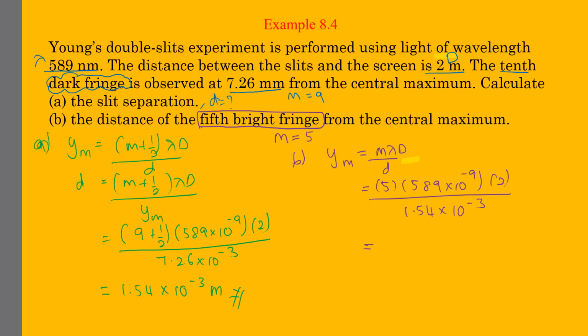So ym is equal to 3.82 times 10 power of negative 3 meter.